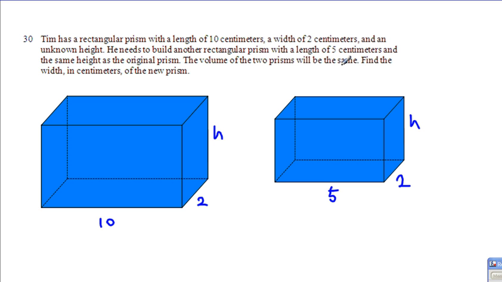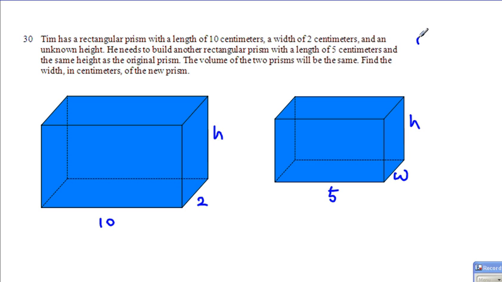Okay? Now, he needs to build another rectangular prism. So here we have 5 and then h, but in fact, I made a silly mistake. We don't have 2 here. So why don't we just call that as W? The volume of these two things are equal to each other.